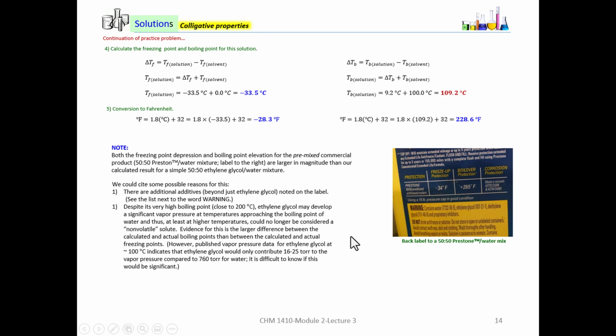However, if you went a step further and actually looked up published vapor pressure data for ethylene glycol at about 100 degrees C, this would be the boiling point of water, it indicates that the ethylene glycol would only contribute about 16 to 25 torr to the vapor pressure compared to 760 torr for water. So it's difficult to know if that has much of an effect. There'd be an effect, hard to know how much.